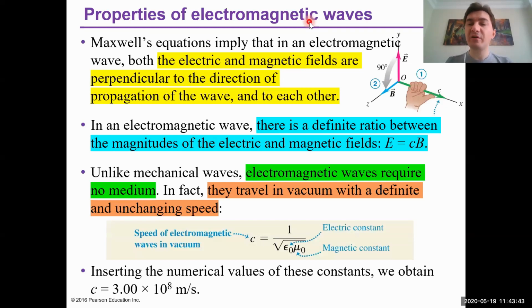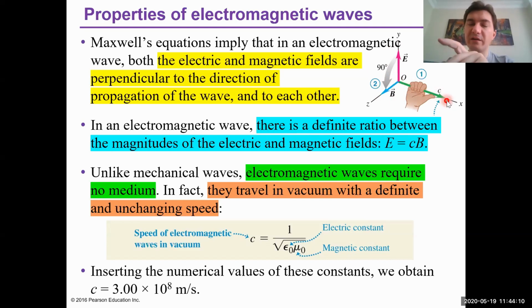So we have 4 main properties with different colors. Here I show you. The first one, the electric and magnetic fields are perpendicular to the direction of propagation of the wave and also to each other. So electric field and magnetic field are perpendicular to each other, and both of them are perpendicular to the propagation direction.